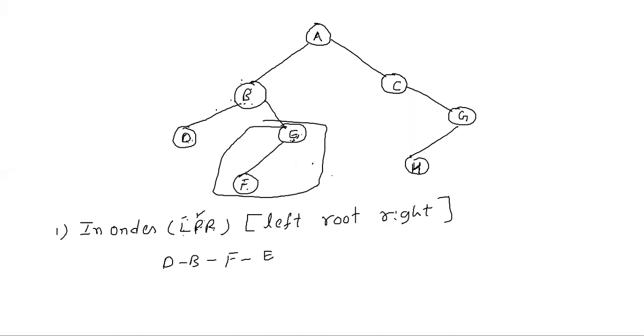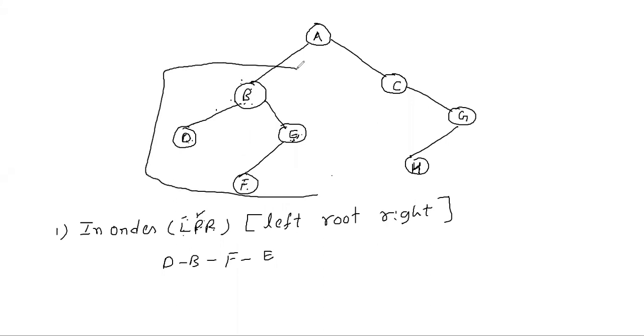So this part is completed. So what did you do? You went to A's left side. You have written D, B, F, E. Left side completed. Next, the parent. What is the parent here? A. Write A.